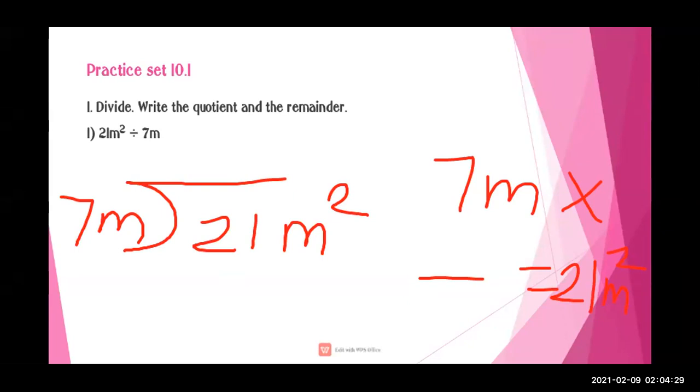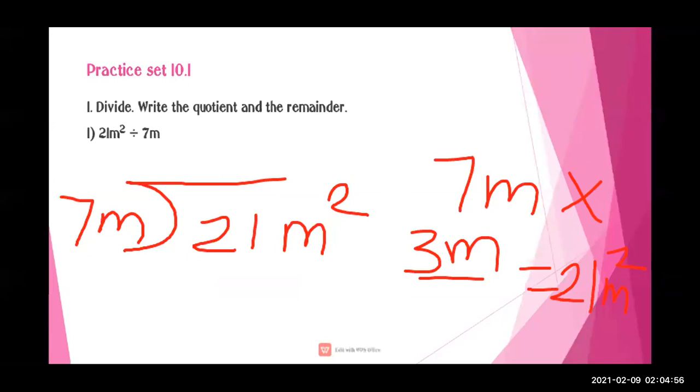Now here 7m should multiply by dash equal to 21. First, 7 threes are 21, that we know. 7 threes are 21. But there is m^2, and with the 7 only a single m is there. So that time what are you going to do? You will take another m. That means 7m multiplied by 3m.